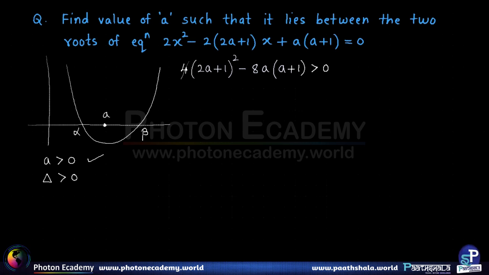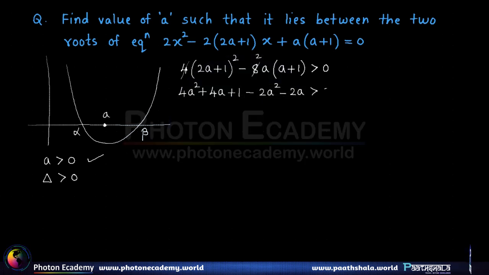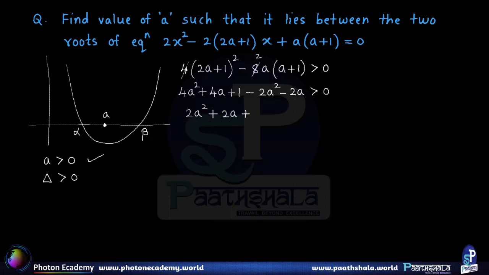So cancelling the factor of 4, we have 2a plus 1 the whole square, which is 4a square plus 4a plus 1, minus 2a square minus 2a, greater than 0. Now further we have 4a square minus 2a square, which is 2a square, and 4a minus 2a is 2a, plus 1 greater than 0.